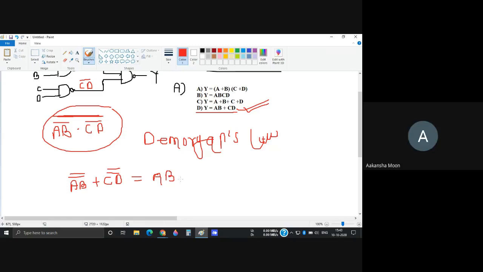Bar bar means no bar. So it will be AB plus CD. So option B is the right answer.